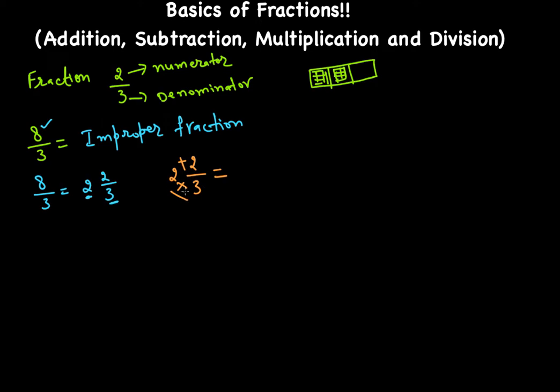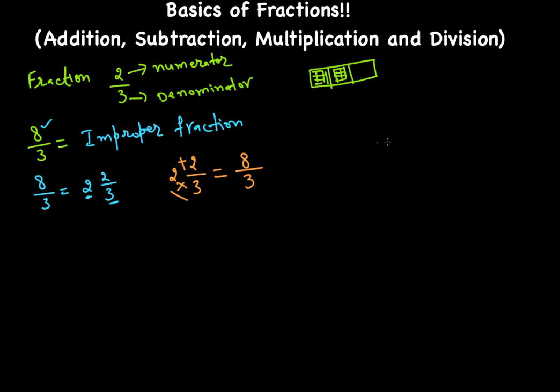In this example, 3 times 2 is 6, plus 2 is 8, and then we write the denominator, so 8 over 3. So we got our improper fraction from our mixed number.